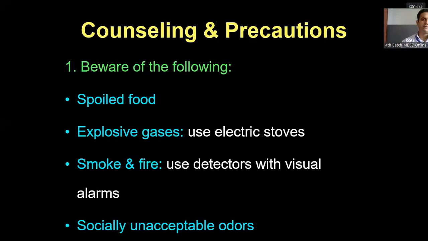If you take spoiled food, you will get sick. Similarly, if there is a gas leak, a patient with hyposmia cannot smell it, and if they light the gas stove, there can be a big fire, which can become fatal. So such patients should be asked to use electric stoves or induction heaters.